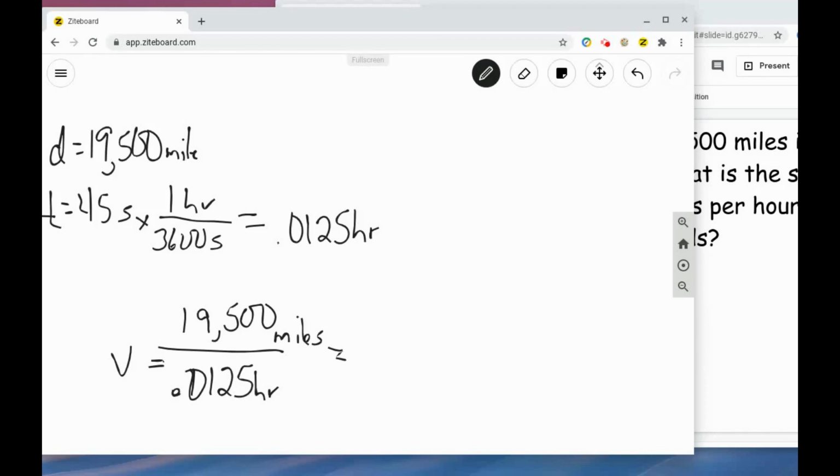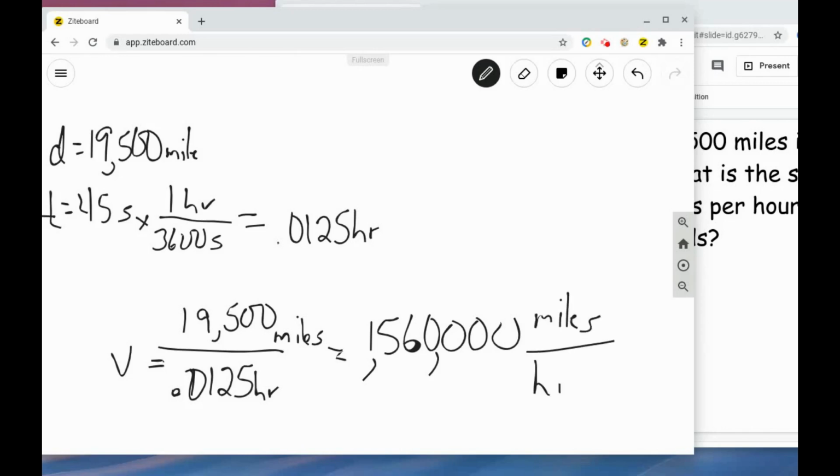And then we're ready to divide. 19,500 divided by 0.0125 is going to give us 156 with 4 zeros. So 1,560,000 miles per hour.